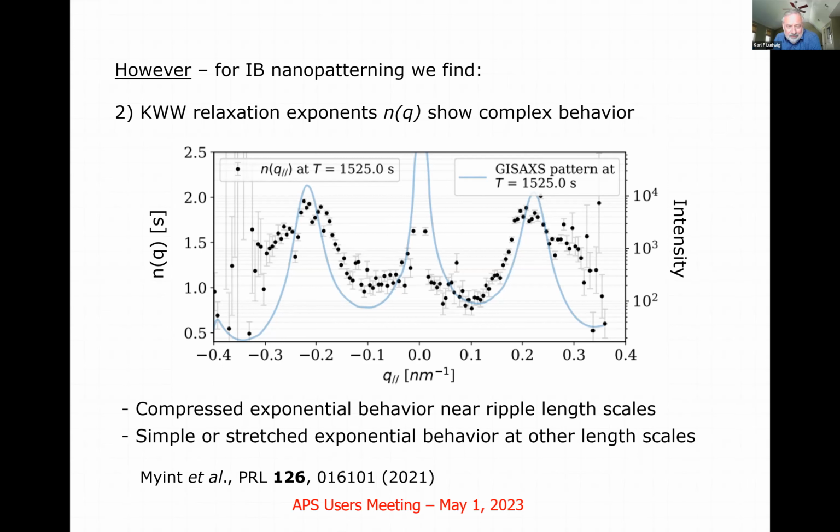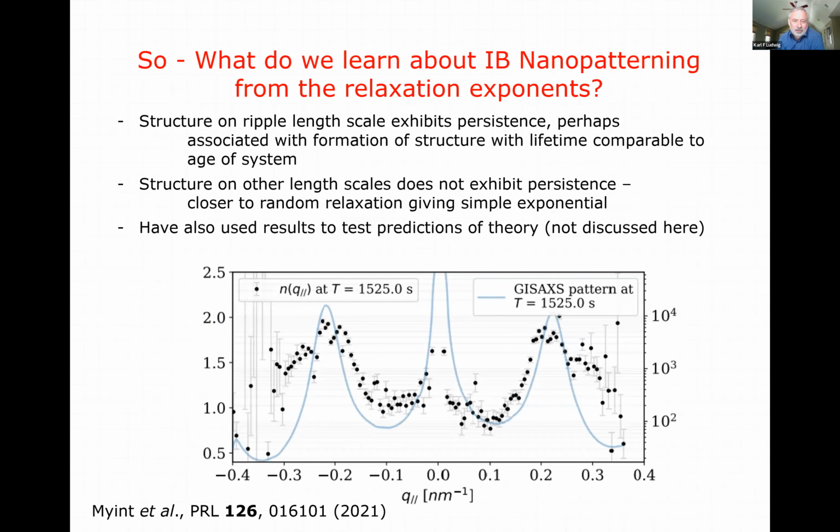So these are compressed exponents. And as I said before, a compressed exponent means that you do not simply have a combination of many different simple exponentials, and it means that at short length scales, you don't have changes going on. There's persistence in the structure.